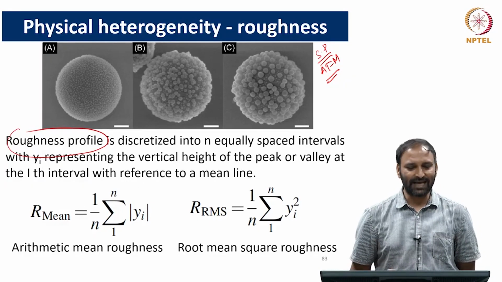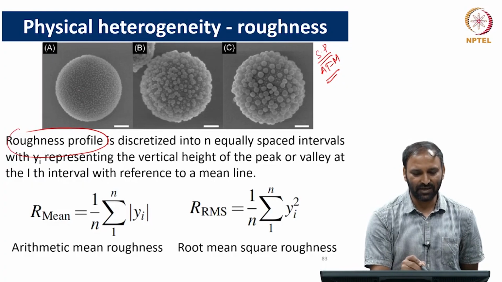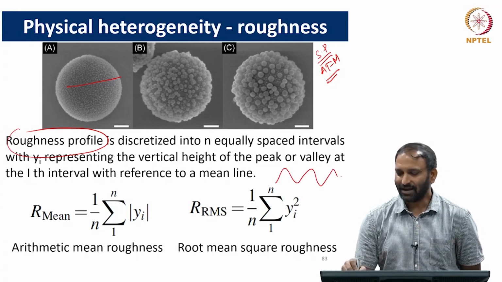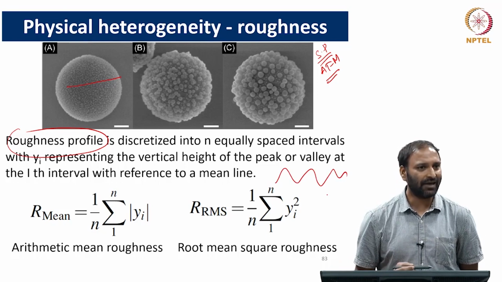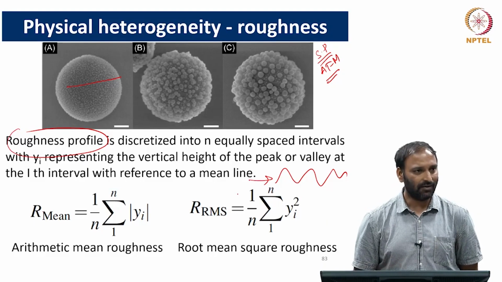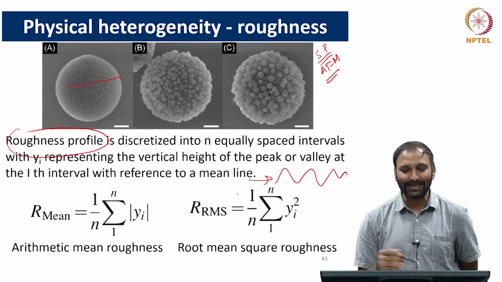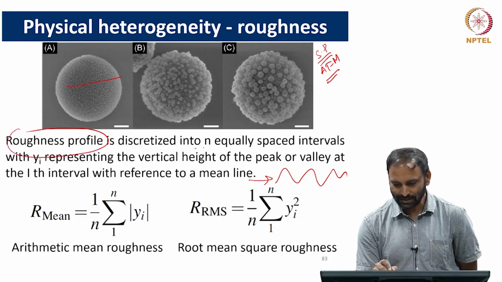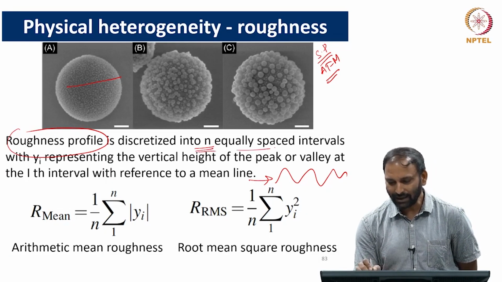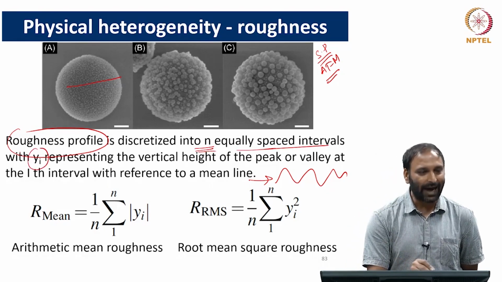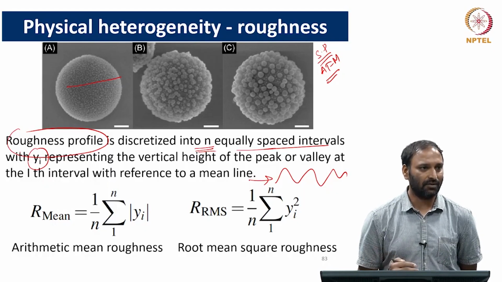This is as simple as if I have a surface like this, and if I draw a line, I am going to have hills and valleys, and you get what is called a line profile. Then you discretize it into n equally spaced intervals, and look at the height of the hills and the valleys.